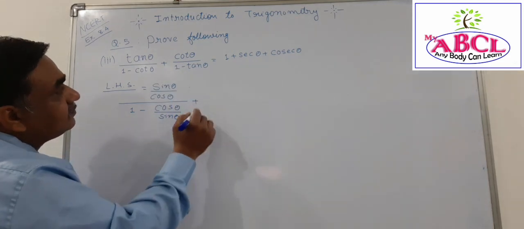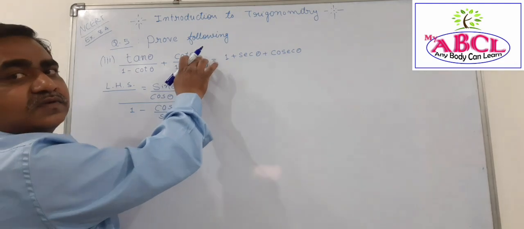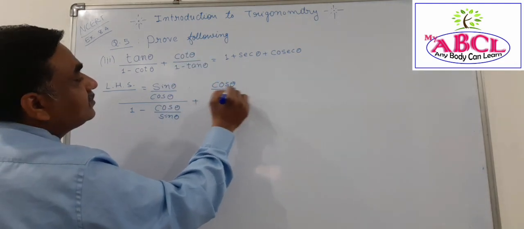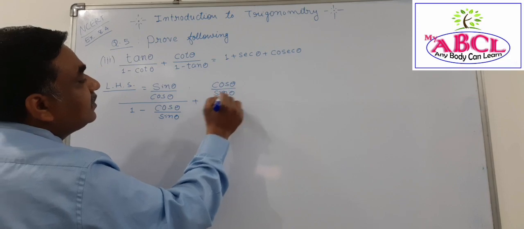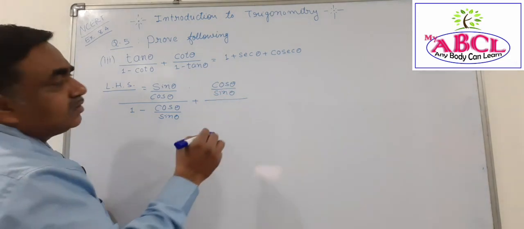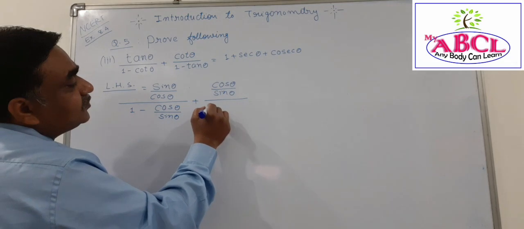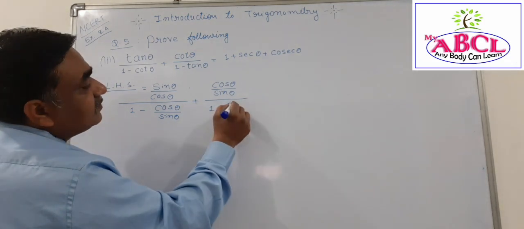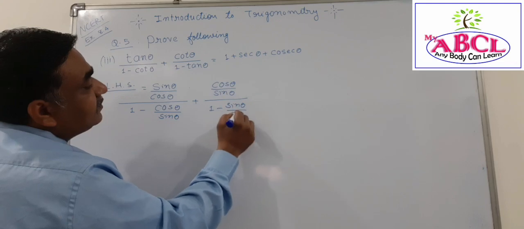Plus cot theta, which is cos theta upon sine theta, in the denominator 1 minus tan theta, so 1 minus sine theta upon cos theta.